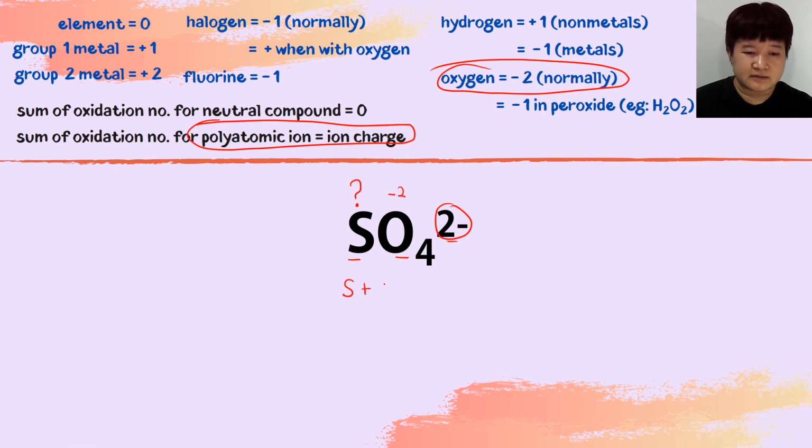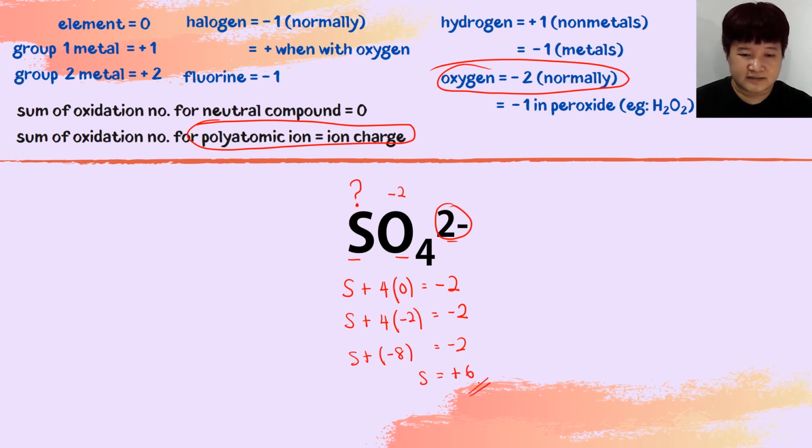Sulfur plus 4 times oxygen equals negative 2. Sulfur is the one that we are looking for. Oxygen normally will be negative 2. The total oxidation number will be negative 2 because of the charge. So work it out. Sulfur will be how much? If you solve the mathematics, you realize that your sulfur is positive 6. Therefore, the oxidation number of sulfur in sulfate ion is positive 6.